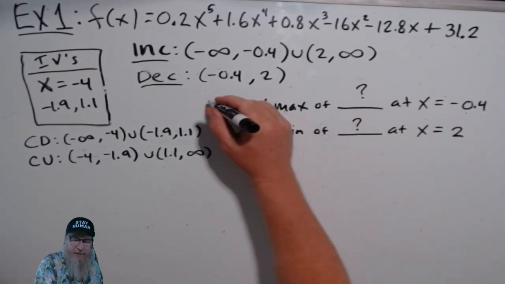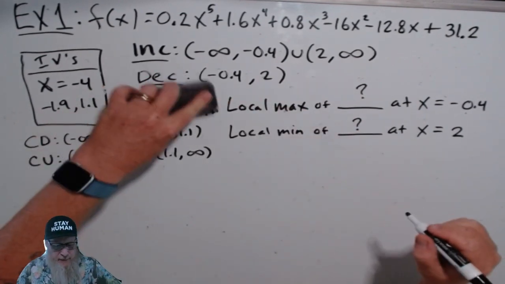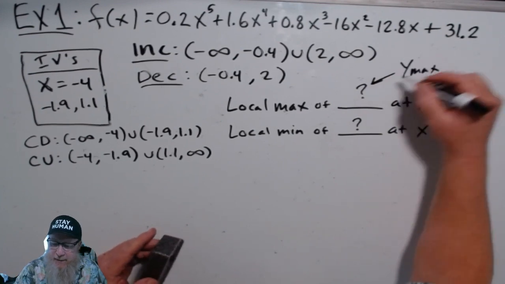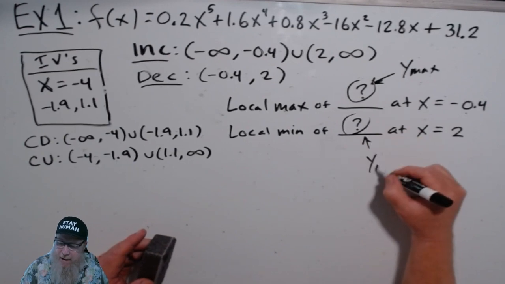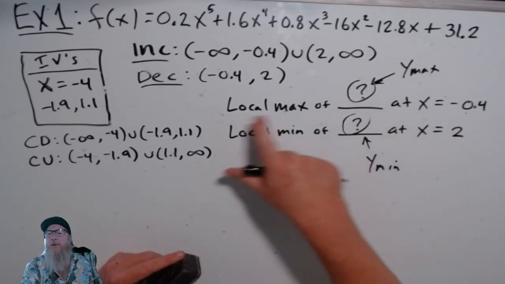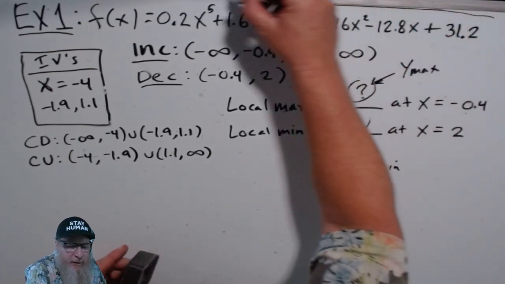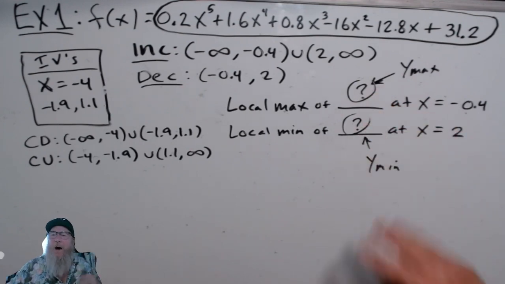So this one is sometimes called y max. I don't know what it is yet. And this one's y min. Let's say a local max of, that's the y value. That's the only time that you need to use the original function, to determine the y values.